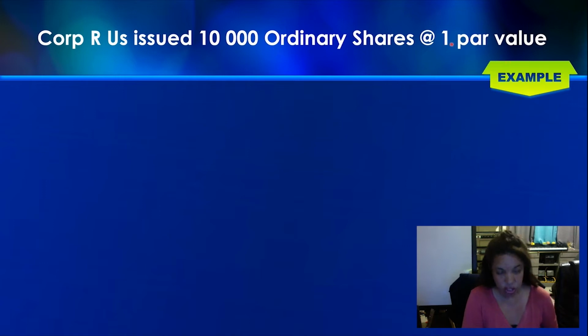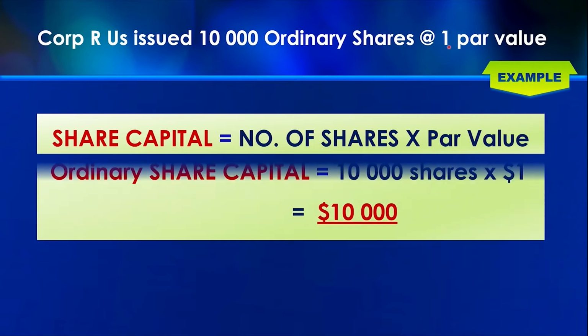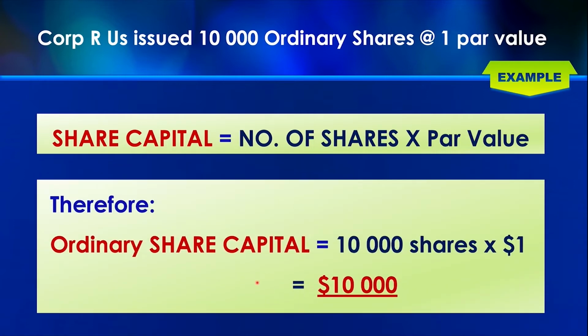If you have to work out the share capital, it is the number of shares issued multiplied by the par value. So the number of shares is 10,000, par value is $1. That will give you share capital, and we're being very specific. Since it's ordinary shares, it's ordinary share capital. Ordinary share capital, $10,000.